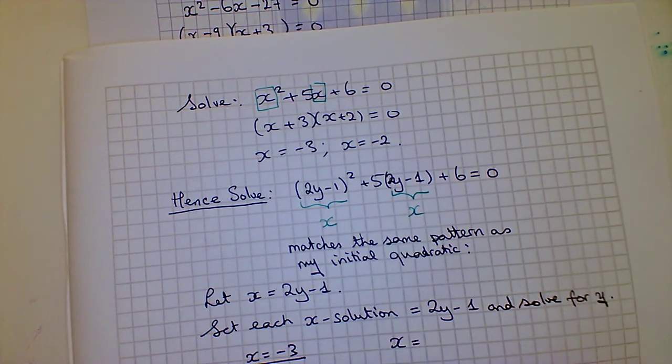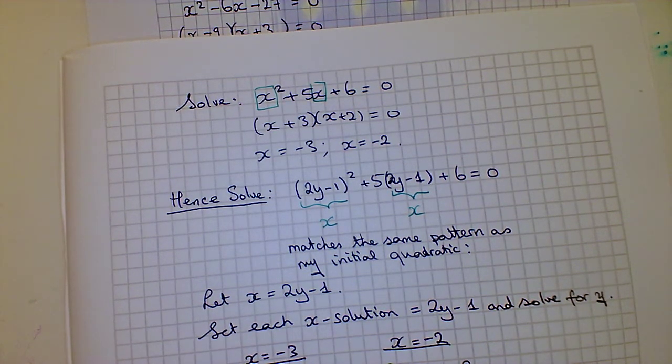When x is equal to minus 2, 2y minus 1 is equal to minus 2, 2y is equal to minus 1, and y is equal to minus a half.